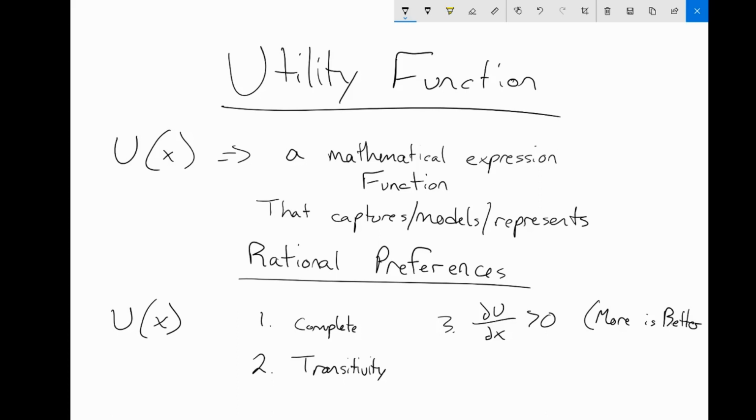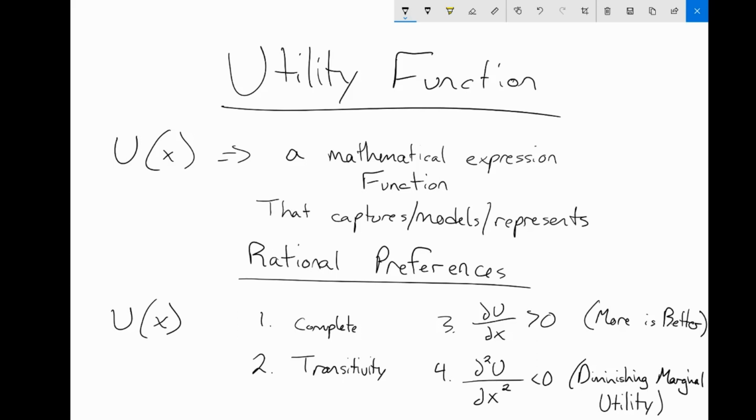That means as I get more x, my utility goes up. It also needs to satisfy that the second derivative is negative, meaning diminishing marginal utility. So we want a function that satisfies these properties, and then we can use that to model decision making.